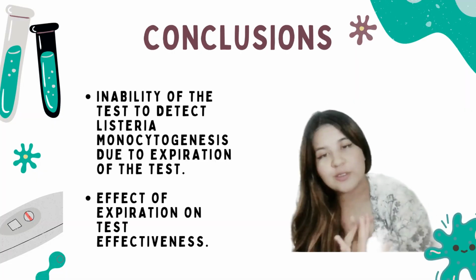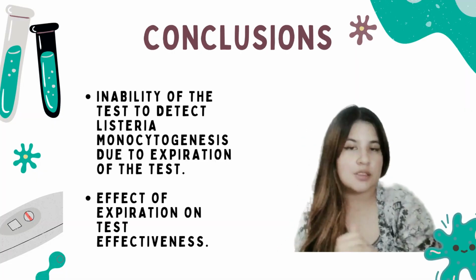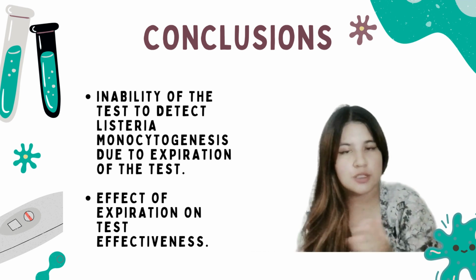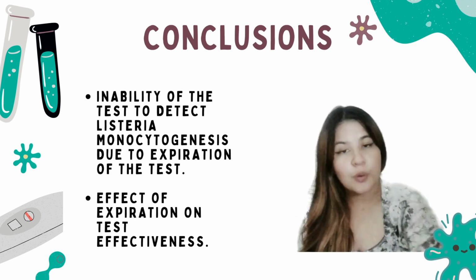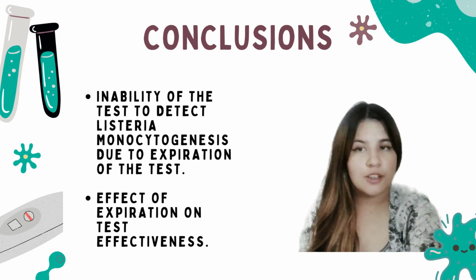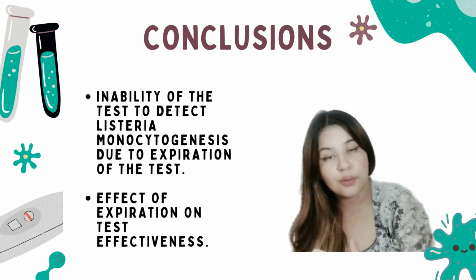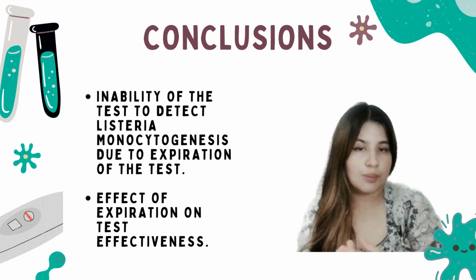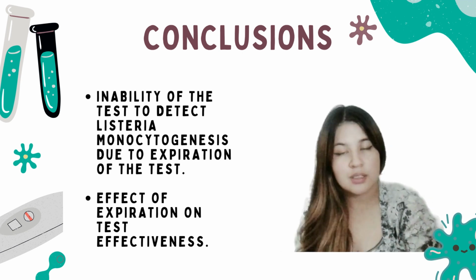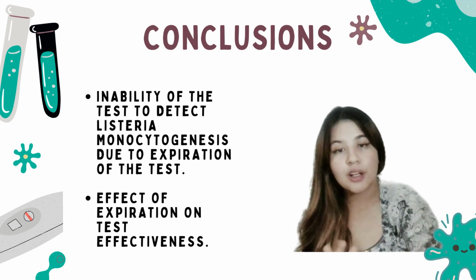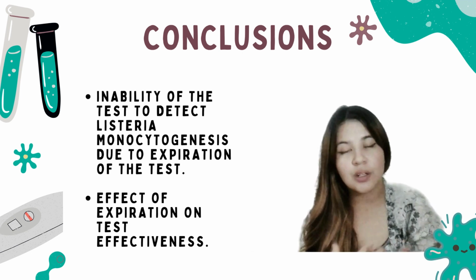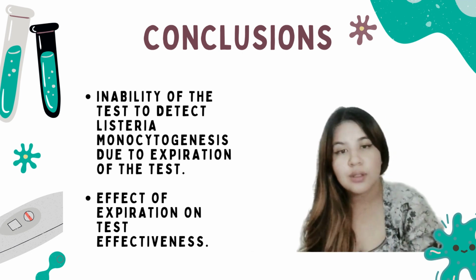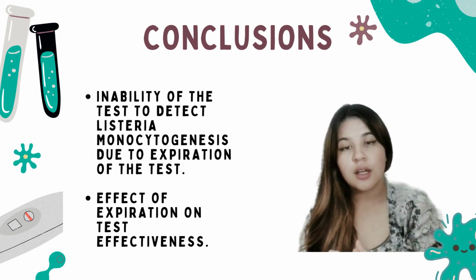In conclusion, carrying out this practice did not show us specific results of whether Listeria existed in the chicken liver sample or not. This is because the test used in the practice was expired. However, we can learn in a practical way how to do the detection test of Listeria in foods.